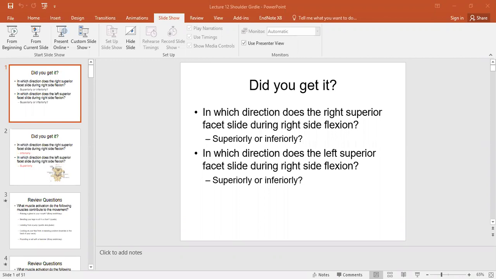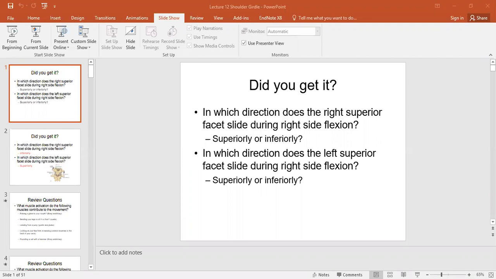Protraction and retraction. As you protract, your SC joint protracts, but there is an external rotation at the SC joint. And then for upward and downward rotation to occur, obviously you're going to elevate at the SC joint, and you're also going to have upward rotation at the AC joint.